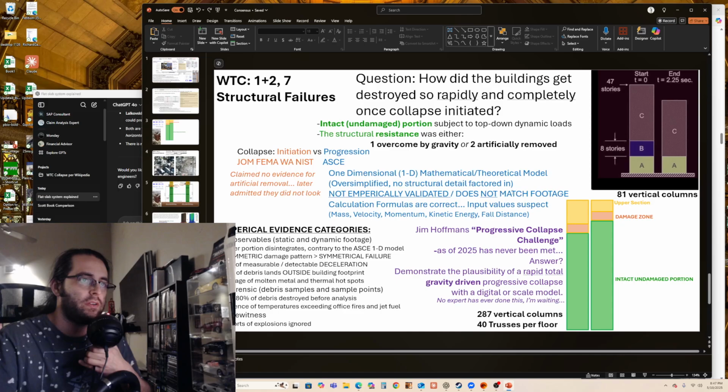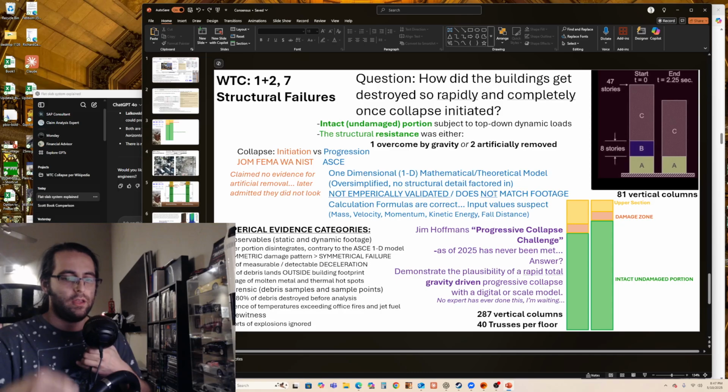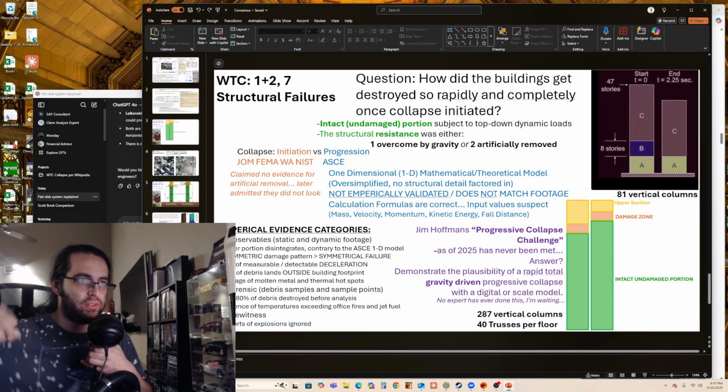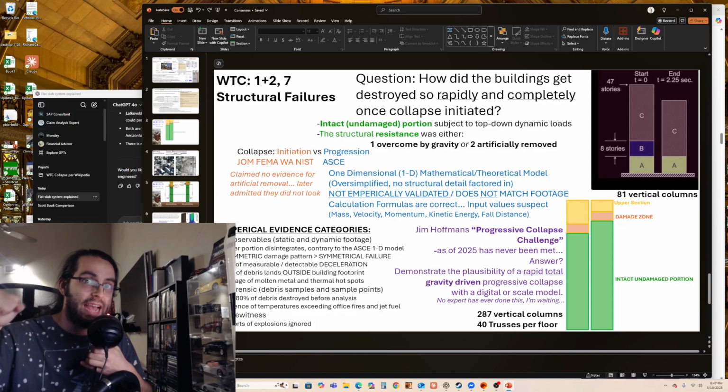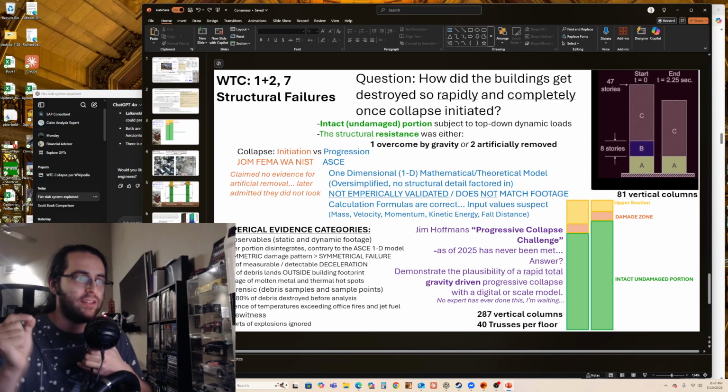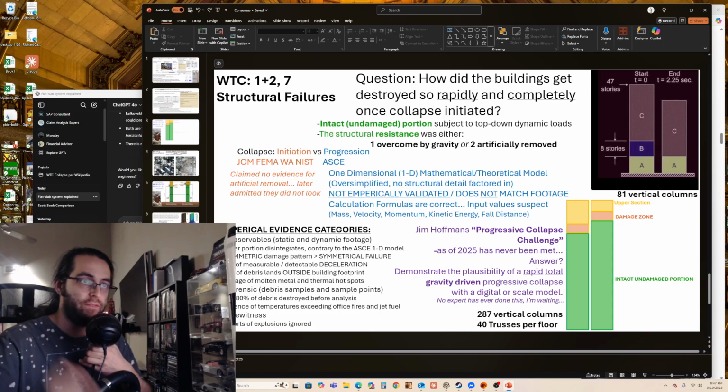His particular paper and all subsequent papers built on that are what he describes as a crush down, crush up hypothesis. In order for the crush down to occur, the intact upper section needs to remain intact throughout the collapse progression, which does not align with the footage.